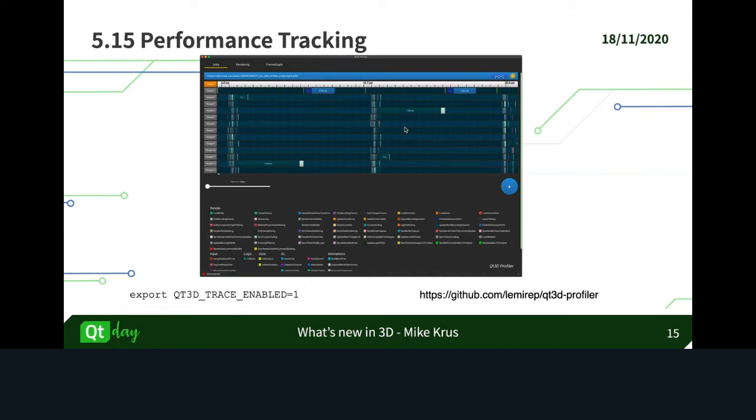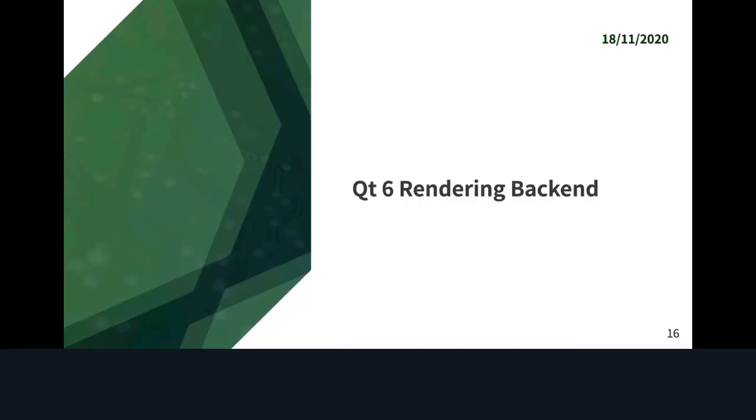For the rest of the talk, I'd like to talk about the things that we've been doing on Qt 6. There's 2 main things we've been doing. One is changing some of the API, but what I'd like to talk about first is some of the things we're doing on the actual rendering backend. We did work in 5.14 and 5.15 to isolate the rendering backend of Qt 3D's render aspect into a plugin.